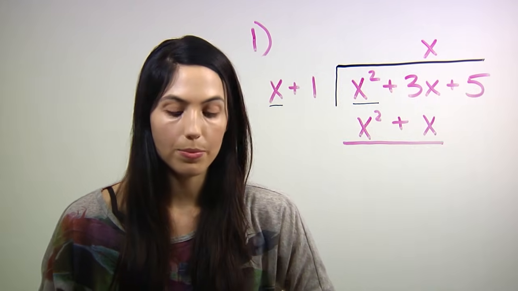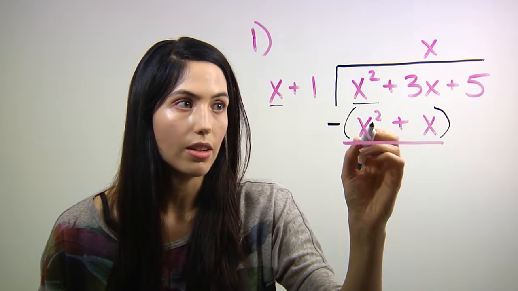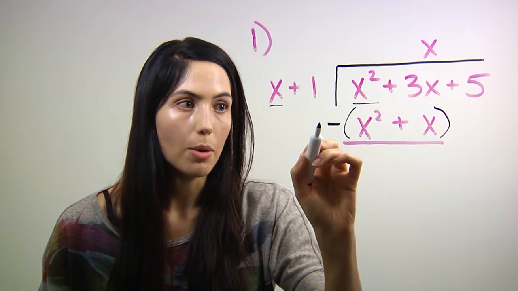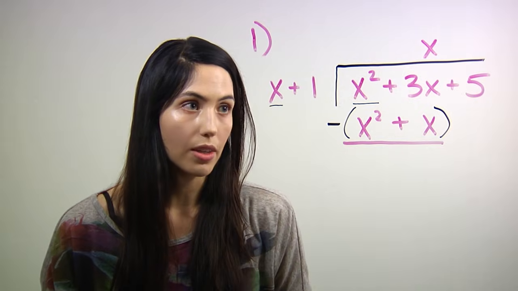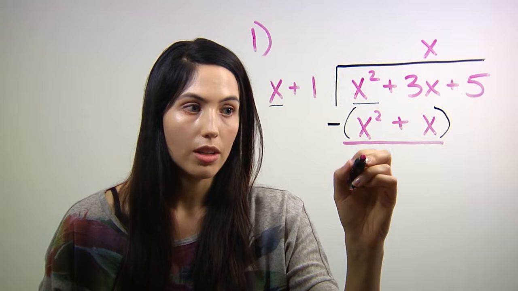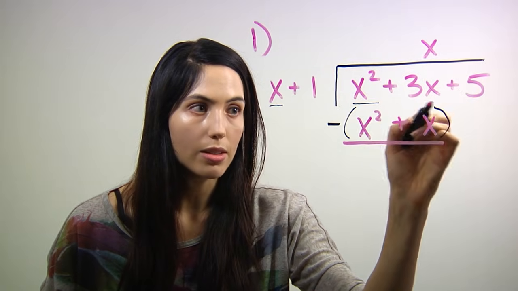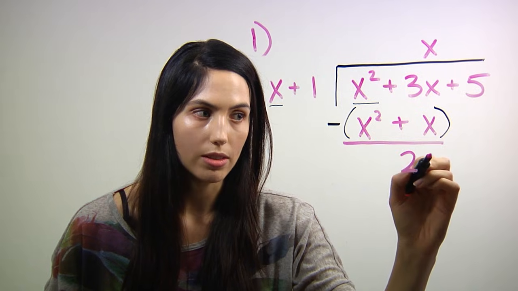Then we want to subtract this line from the first line. So we have x squared plus 3x minus x squared minus x. So we get 0, nothing here, and we have 3x minus an x, so we actually have 2x down below.